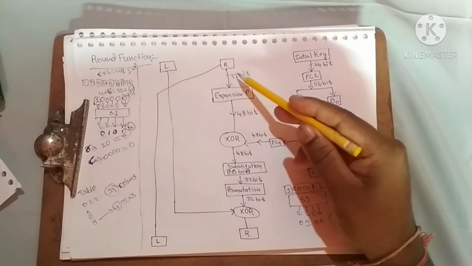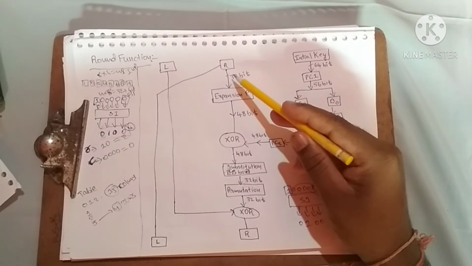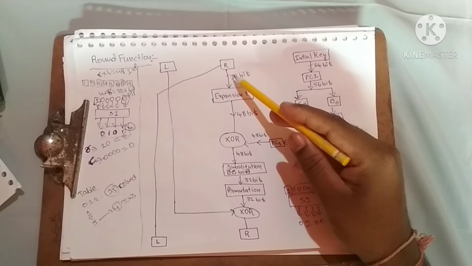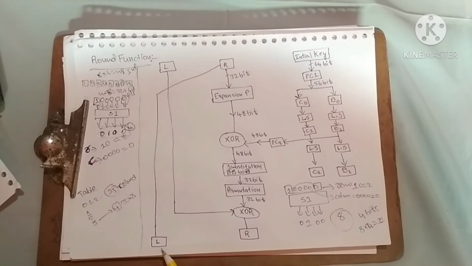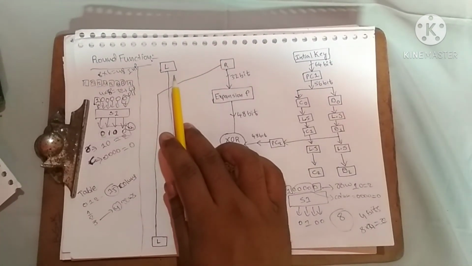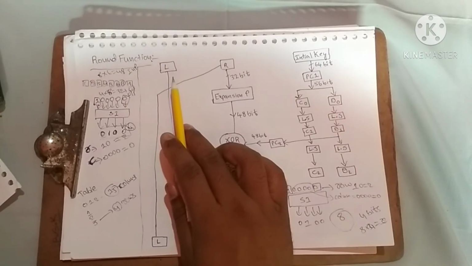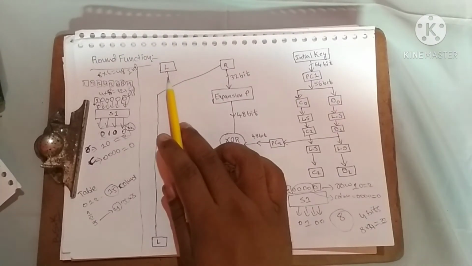Okay, we are taking the right side part of the plain text. This will go to the next level, as input for round 2. Here the left plain text will not be doing anything in this round 1. It is just put aside.